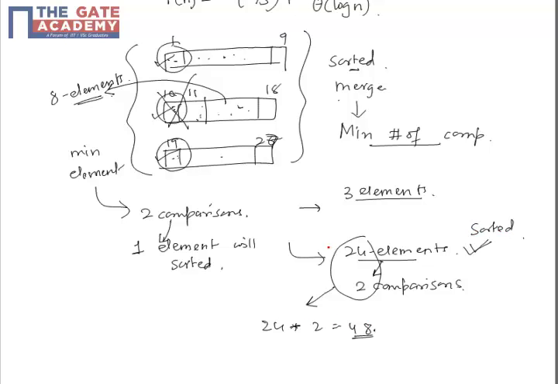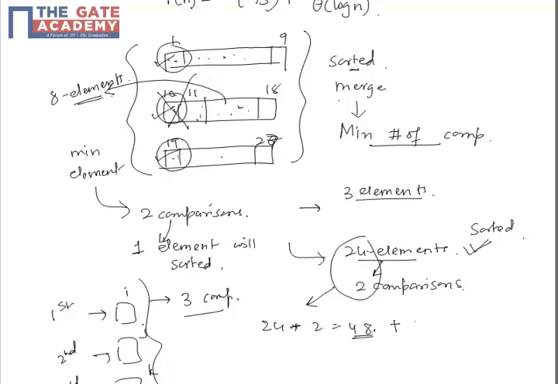But we will be left with the last 3 elements. Let's assume these are the elements we are left with, at indices i, j and k. This element is from the first subarray, this element is from the second subarray, and this element is from the third subarray. We have to sort these 3 elements, and that will require 3 more comparisons.